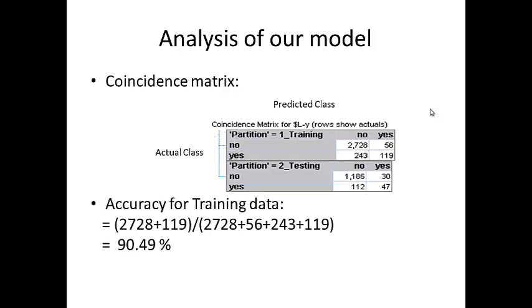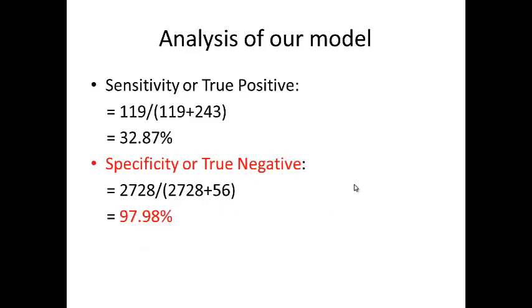Here is the coincidence matrix from the logistic regression model. Here we have calculated the overall accuracy for the training data. It's almost 90%, and we have also made a sensitivity and specificity analysis.